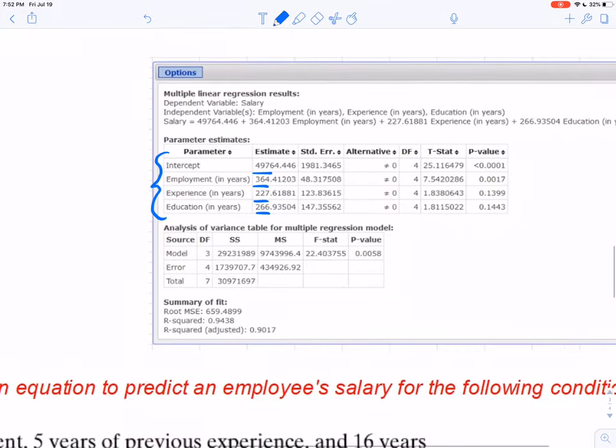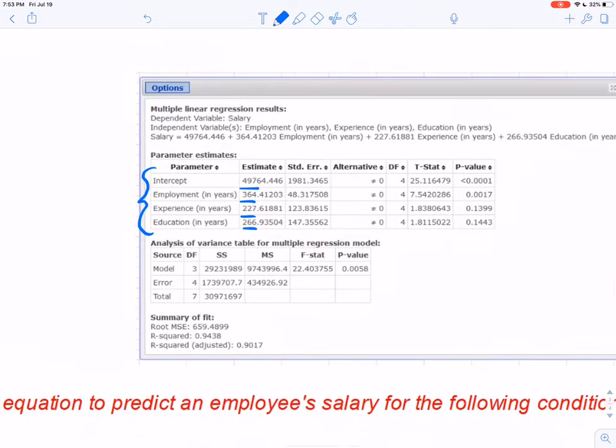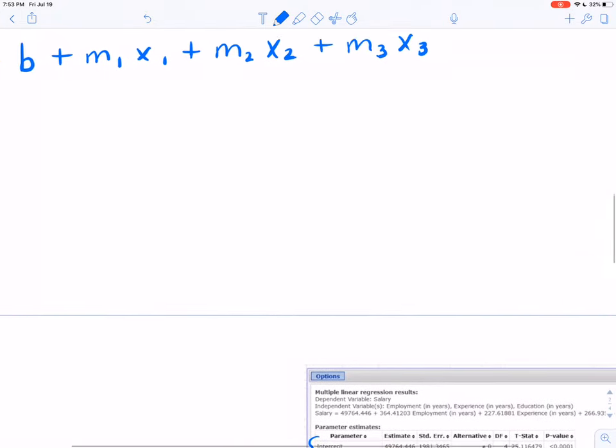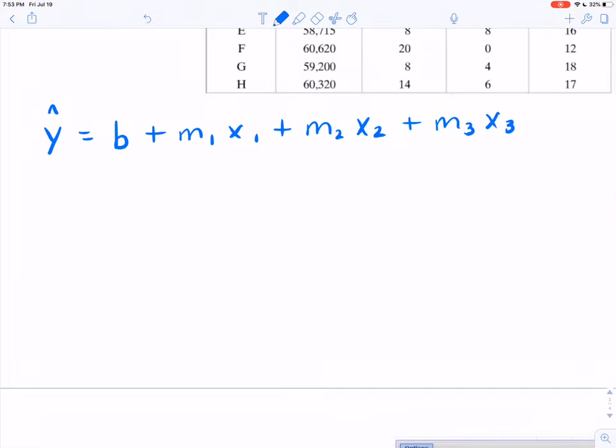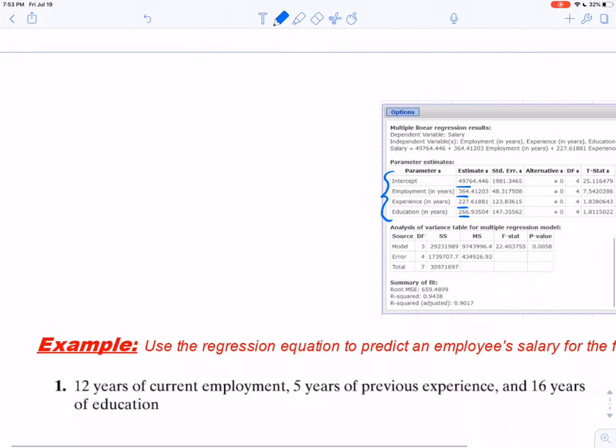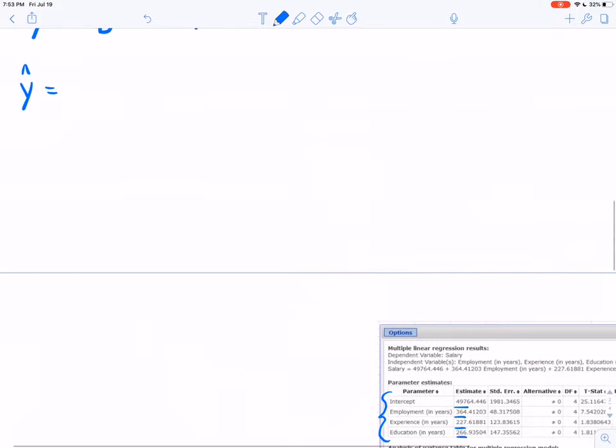Looking back at how I define this relationship, we're trying to predict the value of y, the salary, and we're going to do this using the intercept first. That's my B term. Right over here, I'm looking at a B term of 49,764.4. I'm going to round that to 1 decimal place.